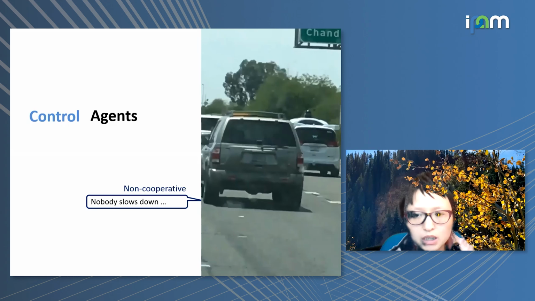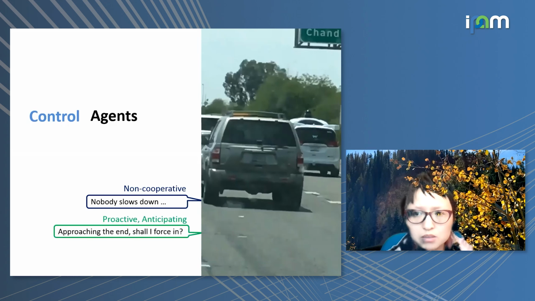For example, in this case, we assume nobody slows down because people are not actually cooperative. Especially people in California and Arizona, they encounter AVs so many times that they know they are conservative, as one of the speakers pointed out. So they just don't want to yield to these AVs so that they can merge in.